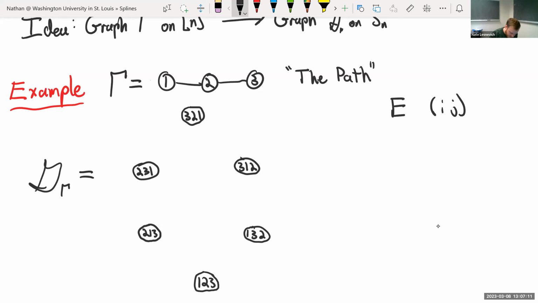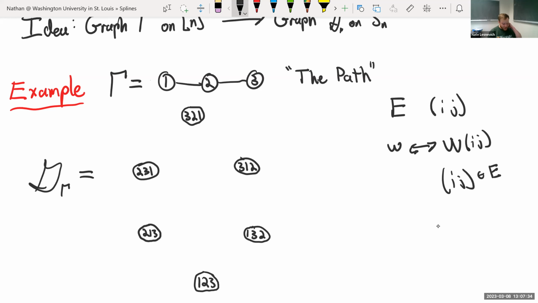So the edges between w and w(i j), and I shouldn't give it a direction because I said they were undirected, if ij is in E.